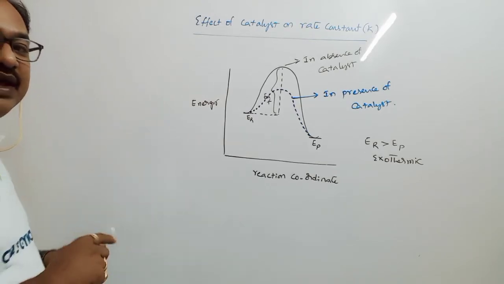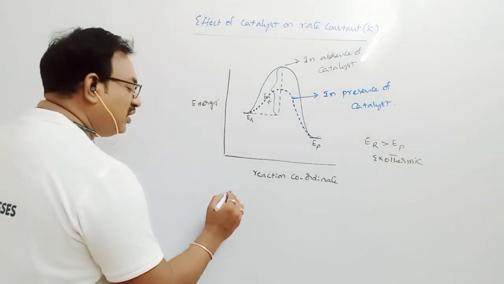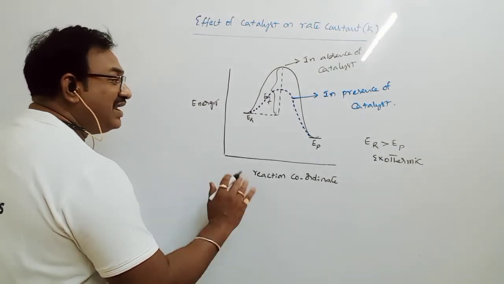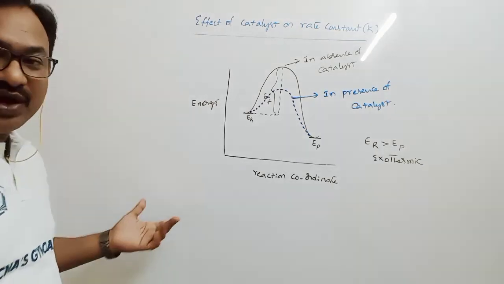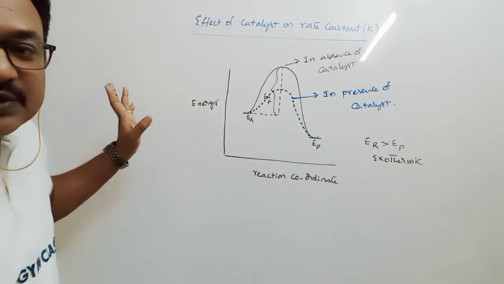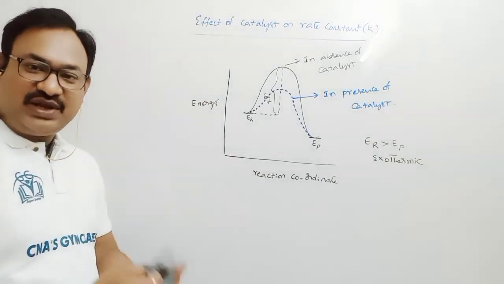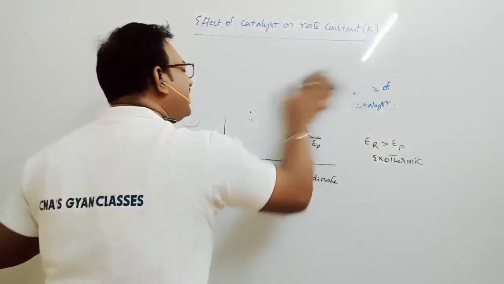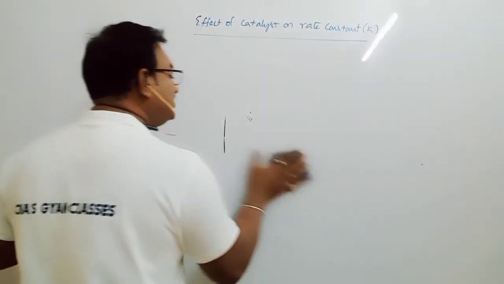Okay. And one more important point you have to remember: what is the relation between del H and the activation energy of forward and backward reactions? So that point I'll explain here only. Listen carefully. Let us rewrite the graph again.